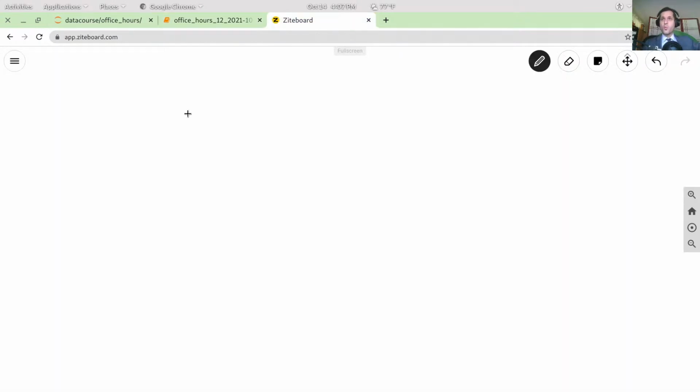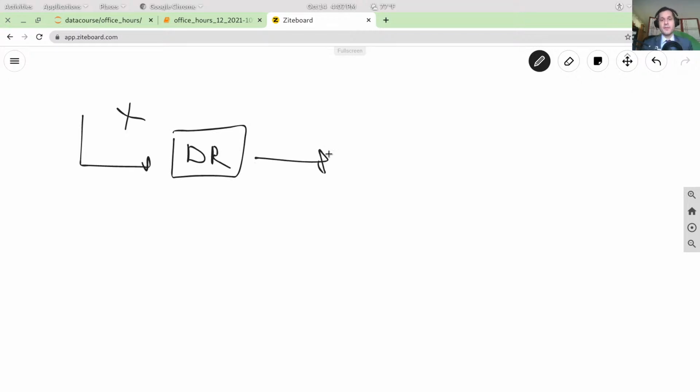So let's consider our workflow. What I want to do is I want to have, here comes my data, and I want to apply some dimensionality reduction. I'll call that DR. And then I will give it to my predictor. And of course, in order for me to properly do dimensionality reduction, I need to scale my data.